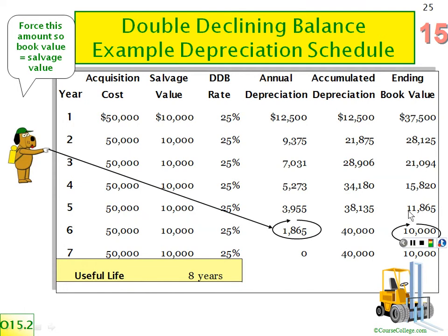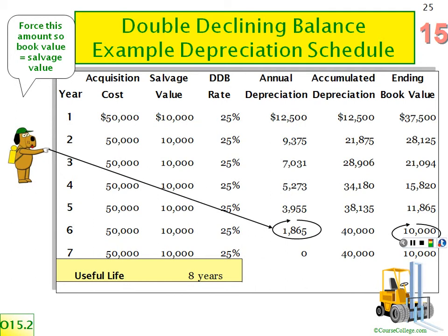But look down here. The book value at the end of year 5 was $11,865. If I multiplied this number here times 25%, I'm going to get a number that's a lot bigger than the number that's circled here, aren't I? Half of 11 is 6,000.